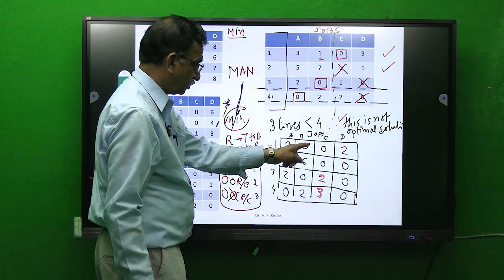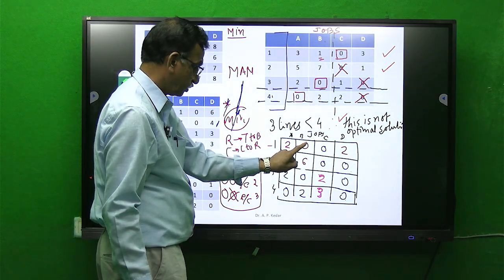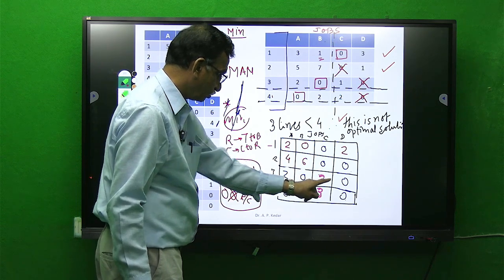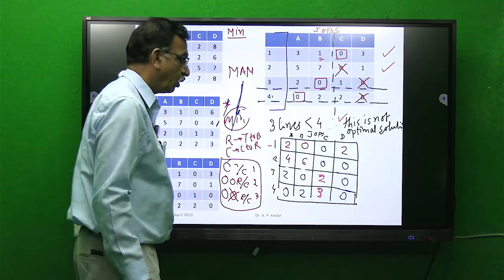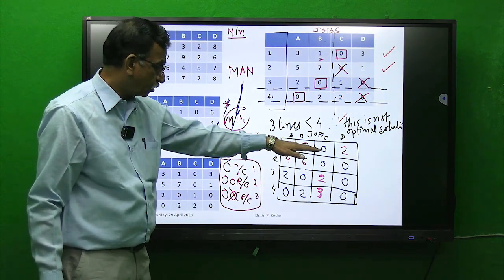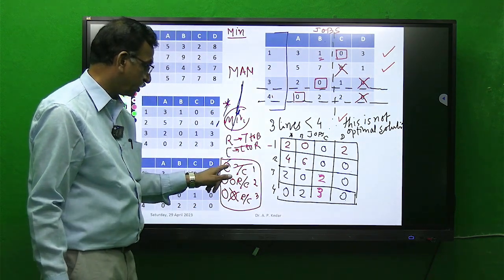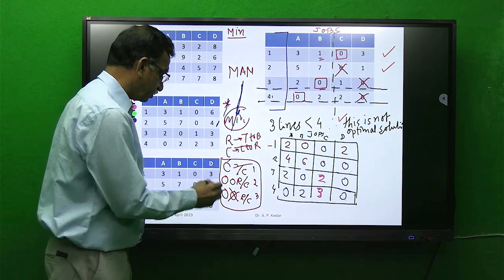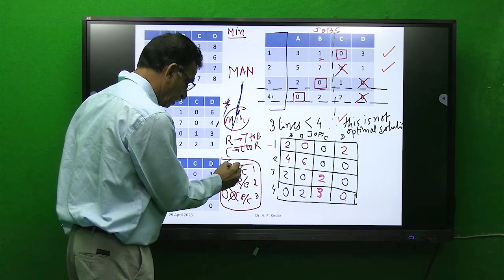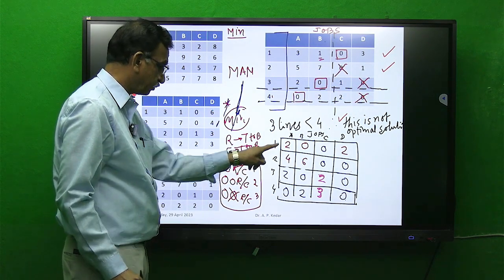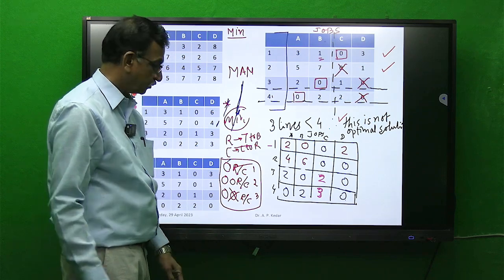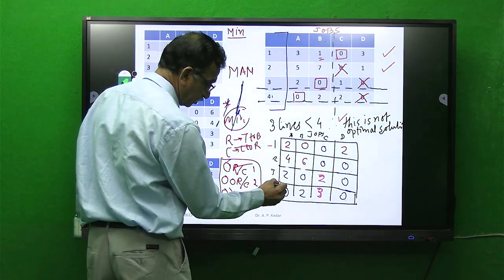So 2 zeros, 2 zeros, 2 zeros, 2 zeros. All columns, all rows are having 2 zeros, no single zero. Now we'll switch over from this concept to column with single zero. So this is the column with single zero.